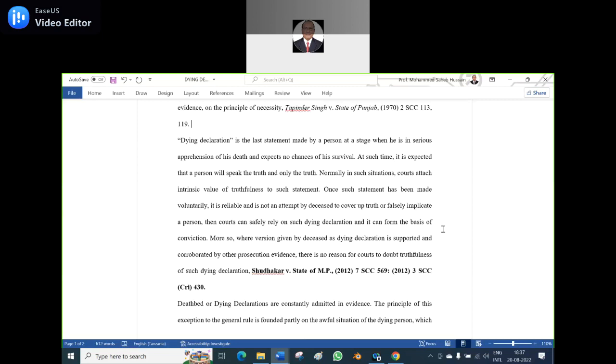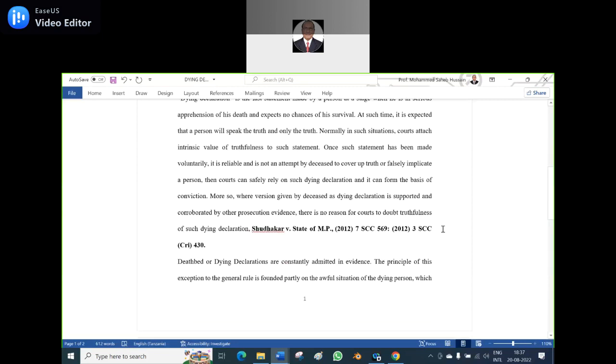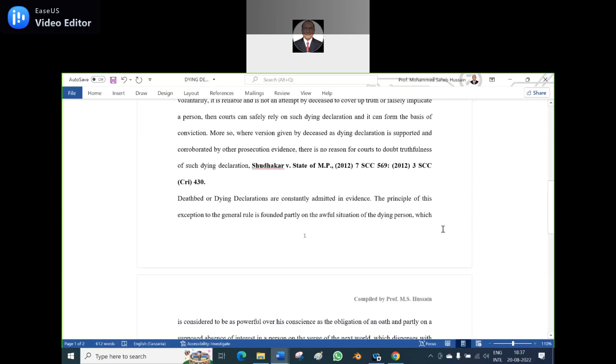A naked truth doesn't need any corroboration, nor prosecution evidence. In Sudhakar versus State of MP, 2012, it is made clear that truthfulness doesn't need any corroborative evidence. So deathbed or dying declarations are constantly admitted in evidence.